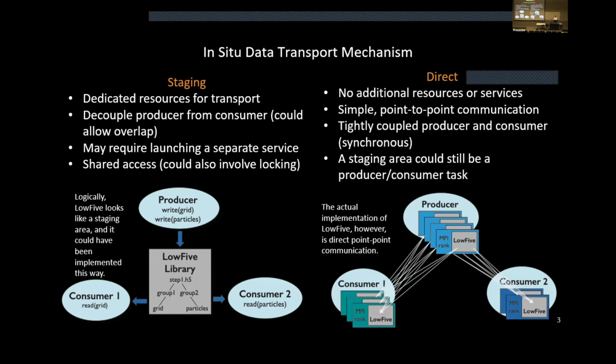But in fact, the way it's implemented is the diagram on the right, where each MPI rank of each code has a copy of LowFive that maintains the locally distributed parts of the data that rank maintains. And each of those copies of LowFive talk to each other over MPI in a direct MPI send and receive kind of a way.